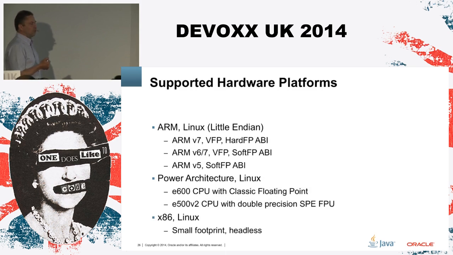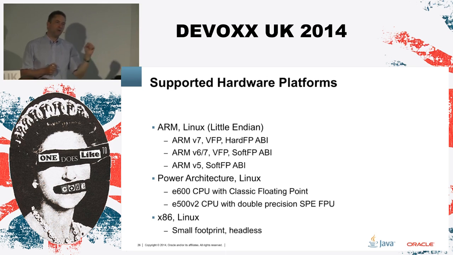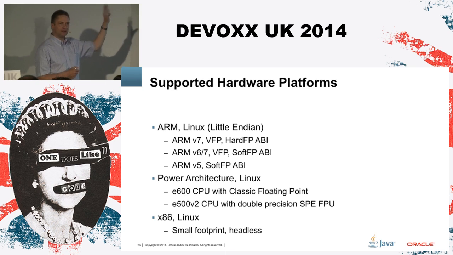Supported hardware platforms for Java SE 8 embedded. We cover a wide range of ARM architectures. So we do cover ARM v7, ARM v6, even ARM v5. Really the differences between those are how we handle floating point arithmetic. So ARM v5 is all about soft floating point, so it uses libraries.